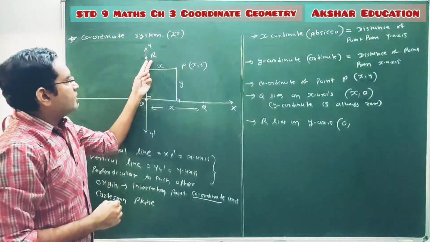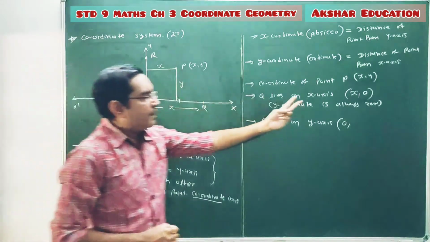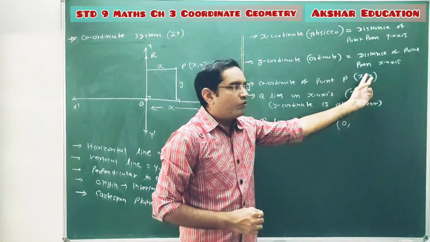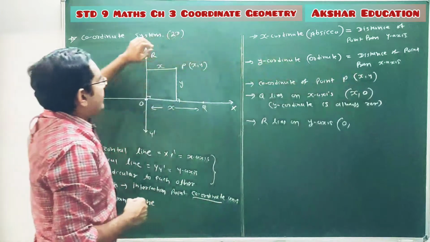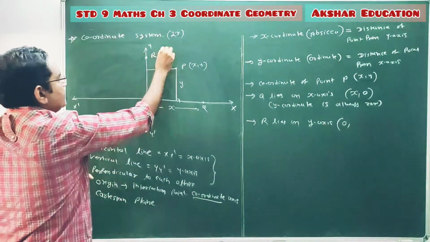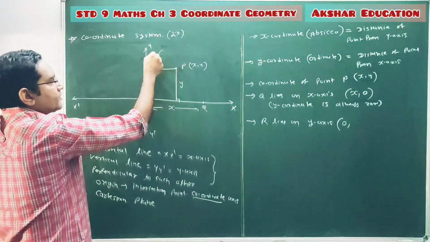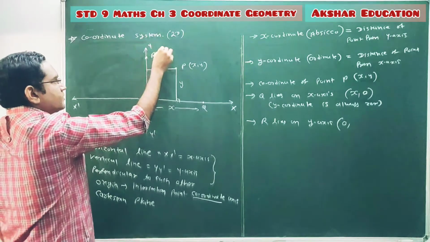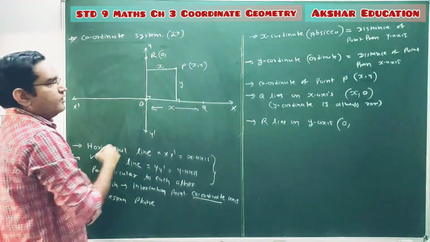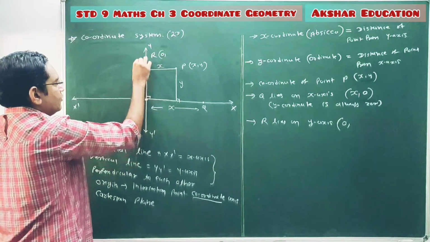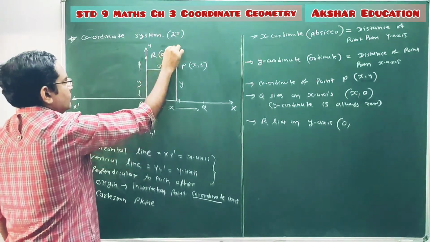To describe the location of this point R, we require one Cartesian ordered pair, x comma y. X means the x coordinate of this point R, the distance from the y-axis. The point itself lies on the y-axis, so the distance from the y-axis is 0, and the distance from the x-axis is, suppose, y.